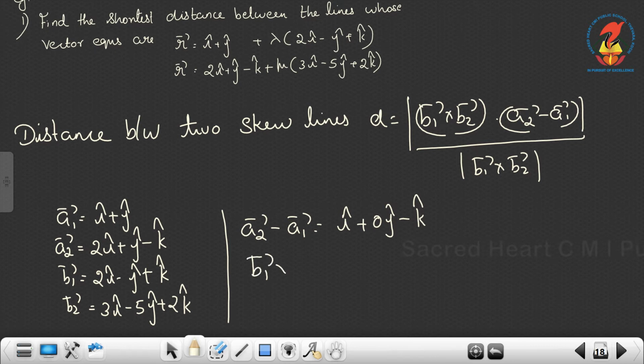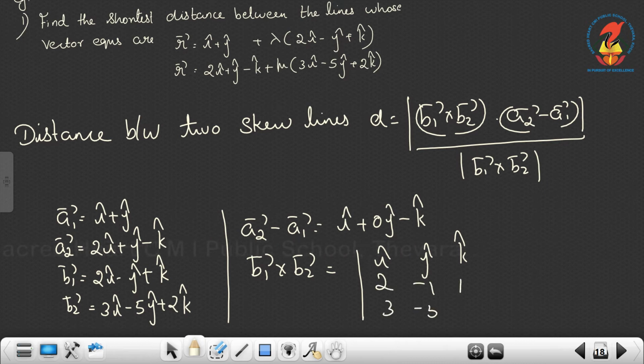Then find B1 cross B2. That is the determinant of i, j, k, with values 2, minus 1, 1 and 3, minus 5, 2. Correct? Now find: i cap into minus 2 plus 5, minus 2 plus 5 is plus 3.